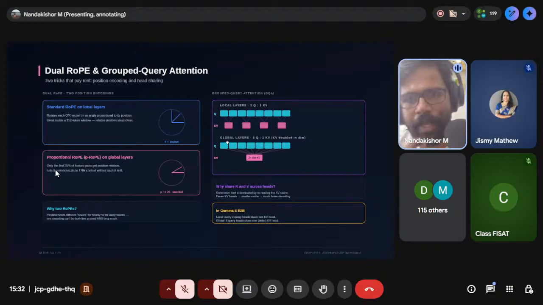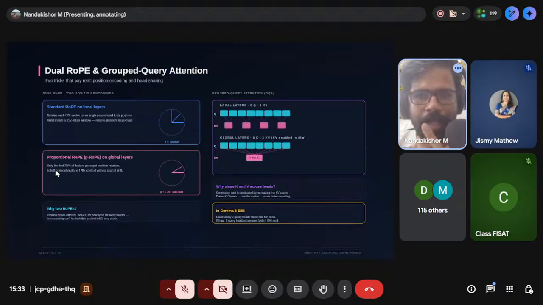For the global layers, you have 8 query all taken into a double-dimension KV. So you take all 8 queries together and double the dimension of the key value.